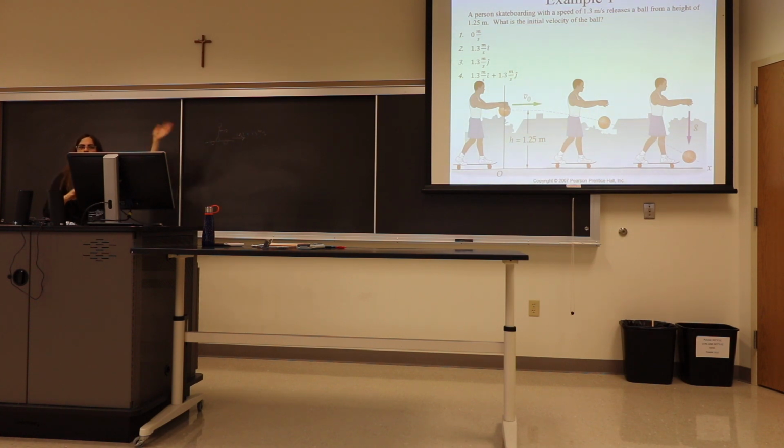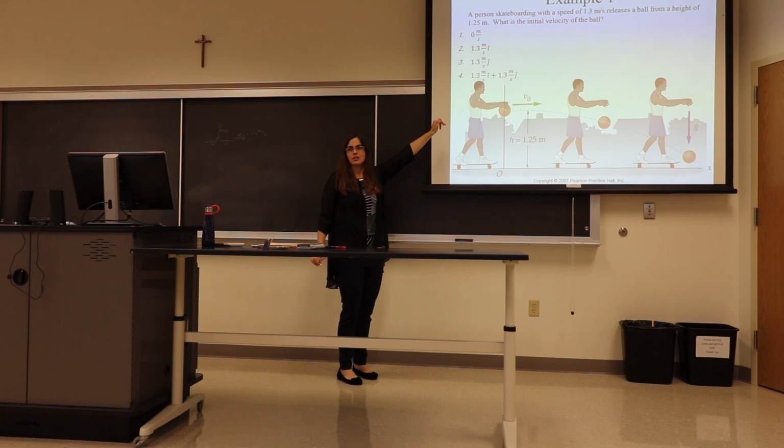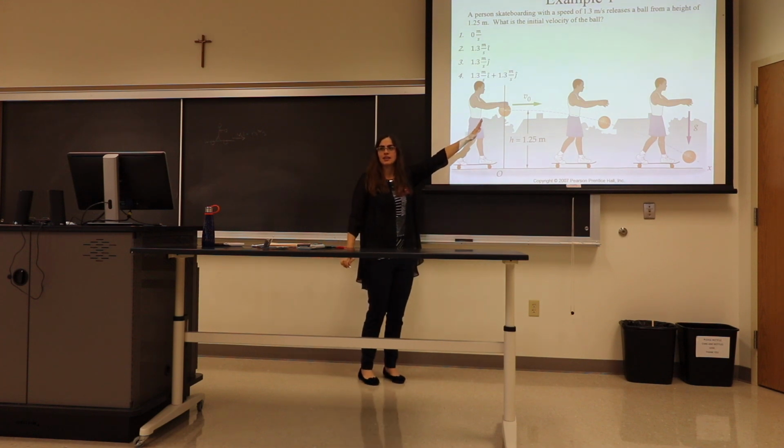It can't be number 1, because the magnitude of that is 0, so the speed of the basketball is not 0. And it can't be number 4, because if you square those components, add them together, and take the square root, it's going to be bigger than 1.3. So it can't be 1 or 4. So then what I have left, and just to reiterate, this little i hat means in the x direction. The little j hat means in the y direction.